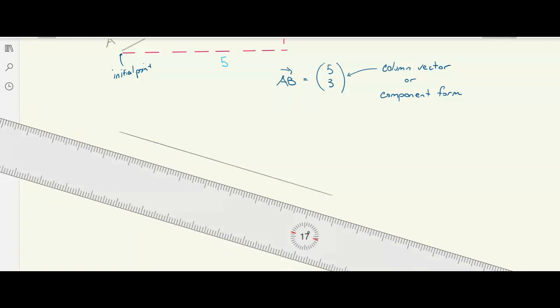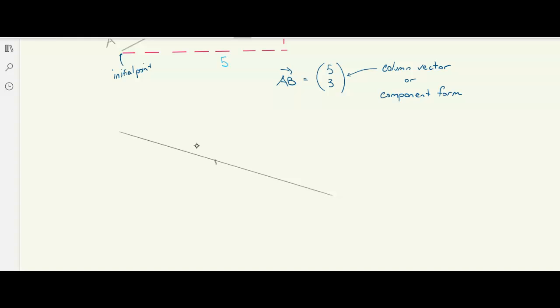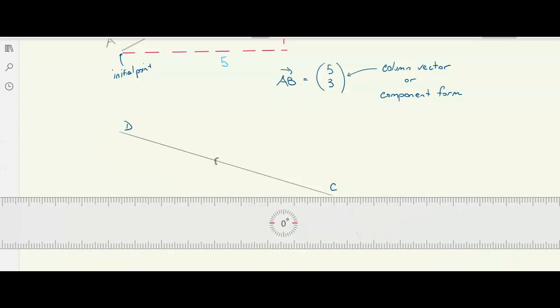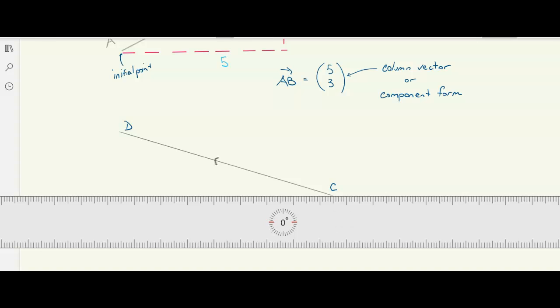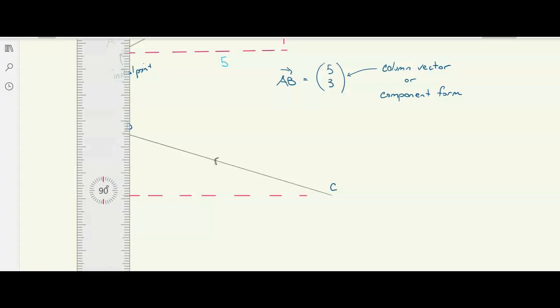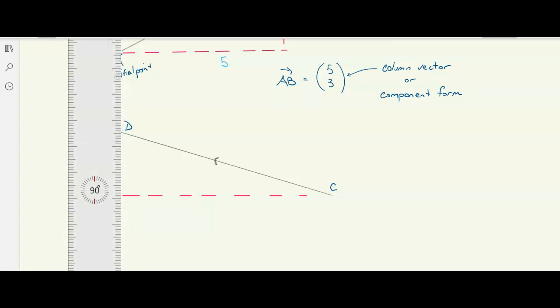This one might be CD, and we might be heading off like so, in the horizontal direction and in a vertical direction. I've got a little angle measurement down here, which is quite nice.